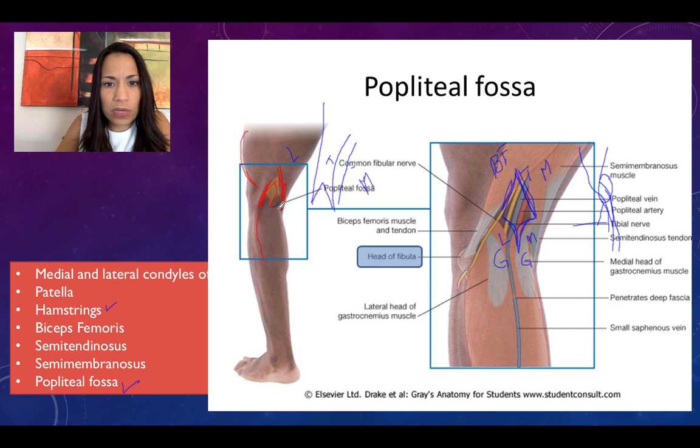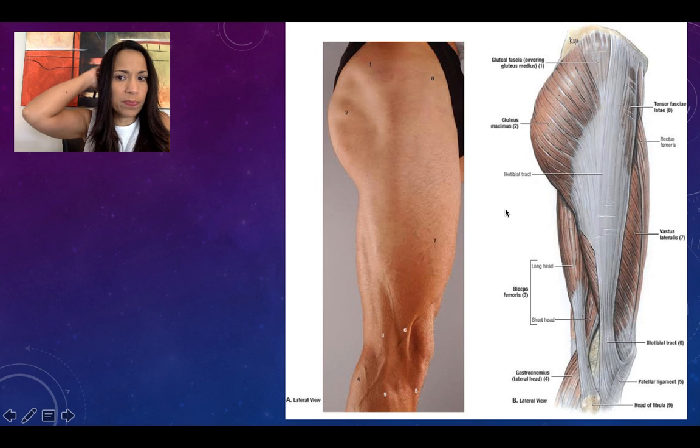These are the gastrocnemius that we will describe next class. You can see in here, again, the fossa, but now the anatomical landmarks. This is the biceps femoris inserting on the head of the fibula. This is the semitendinosus, the semimembranosus, and both gastrocnemius. And you can see the blood vessels, the popliteal artery, vein, and nerve passing through that fossa.